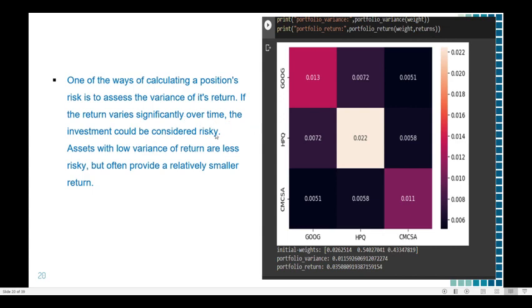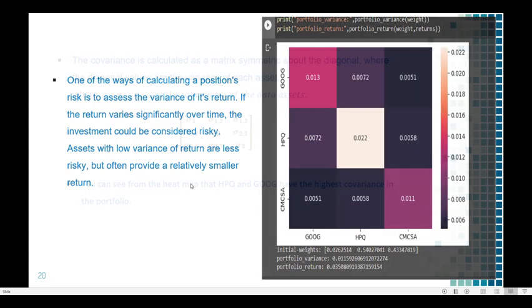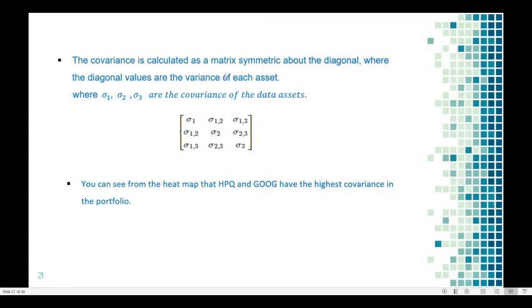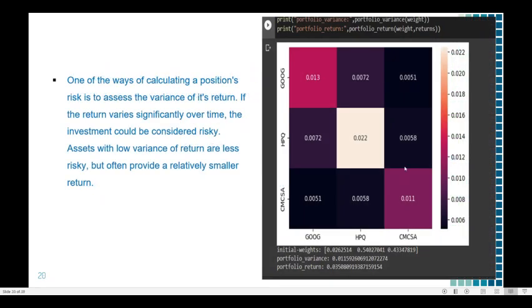Generally, assets with low variance of returns are less risky, but they can often provide relatively smaller returns. The diagonal elements of this covariance matrix are the variances of the assets picked.